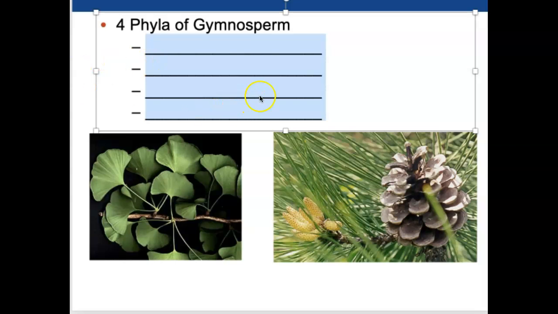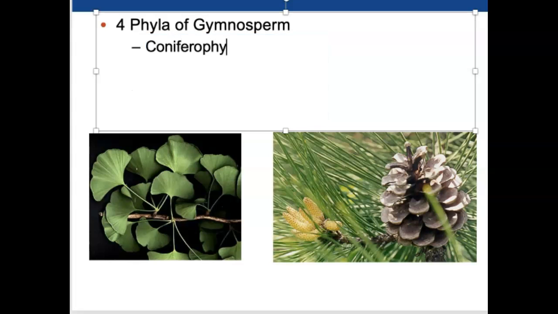So the first group to mention will be Coniferophyta. This is going to be made up of plants we call conifers. So that's going to be one of the phylum we're going to take a look at, Coniferophyta.